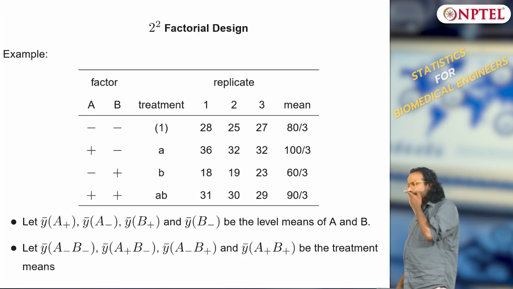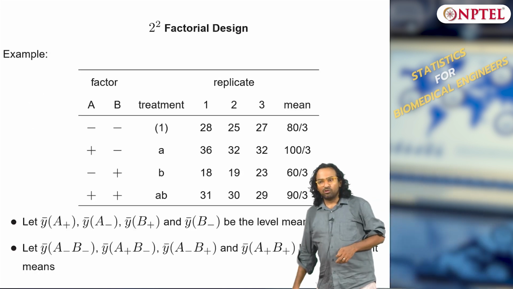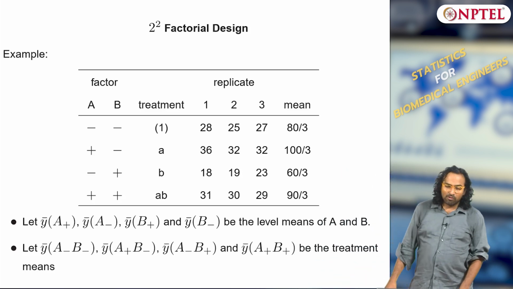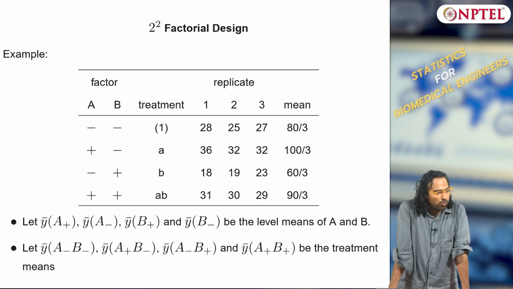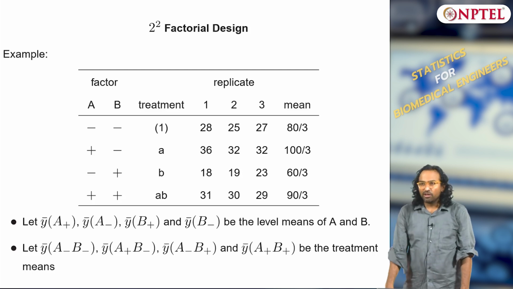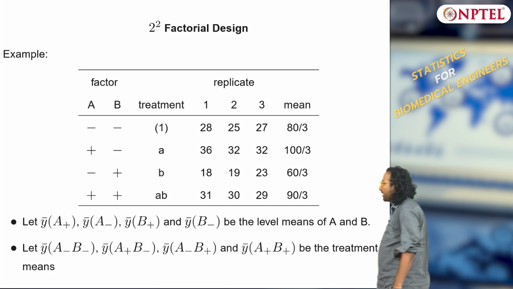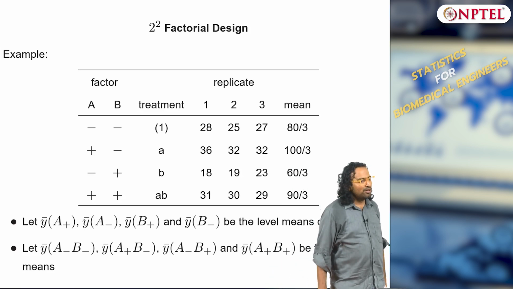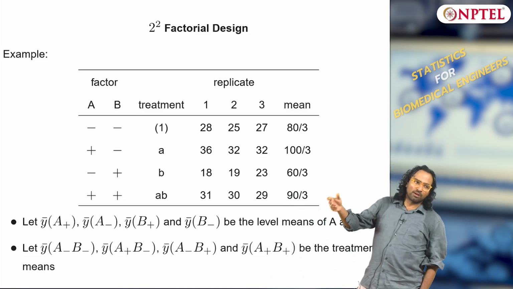So let us take a simple 2^2 experiment where k equals 2. How many experiments do you do? 4, okay. I told you even earlier, if you are not doing all these 4 experiments but want to analyze individual factors, you may end up doing more experiments.